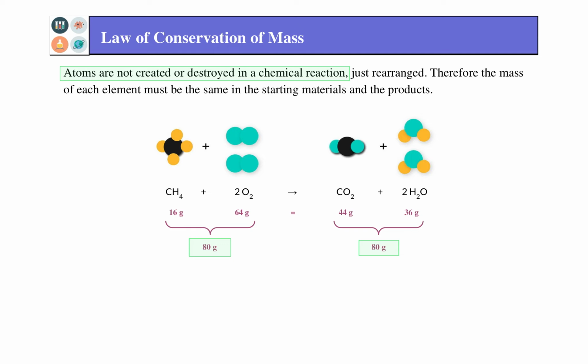And after the reaction occurs, the atoms rearrange, so we end up with carbon dioxide and water. Yet the mass of that carbon dioxide is still 80 grams, because the atoms that were used to make the reactants are the same atoms used to make the products, just rearranged as you break chemical bonds and make new ones.